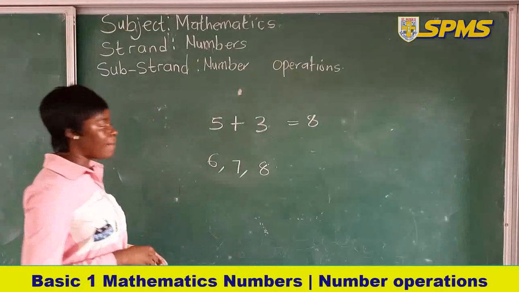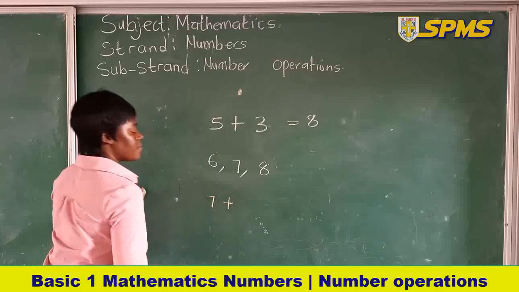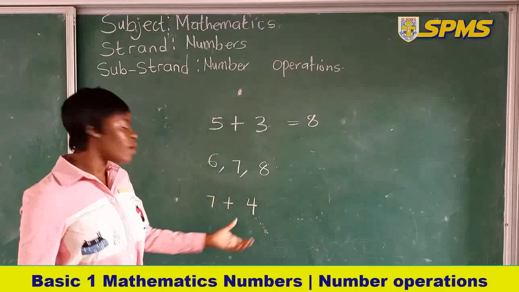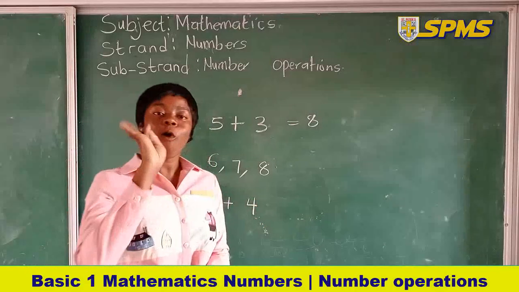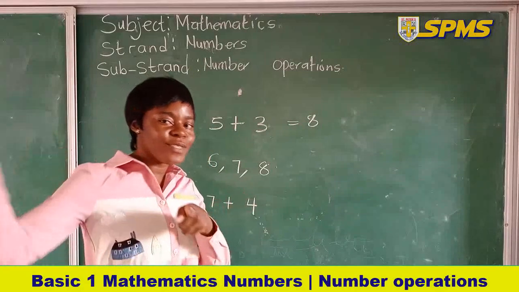Now let's try another number. 7 plus 4. It means we are going to count in 4 places. 7 is there already, so we are counting forward.